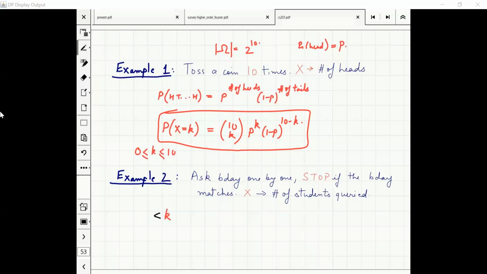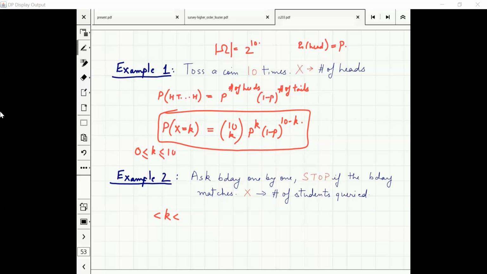Excuse me, sir. Yes. Sorry, there was a question. Sir, this stop if the birthday matches, that means that if one person says the birthday and in the previous set of persons the same birthday was there, then we stop, or is it a consecutive birthday? No, it need not be consecutive. If the birthday matches with any of the birthdays we have seen till now.